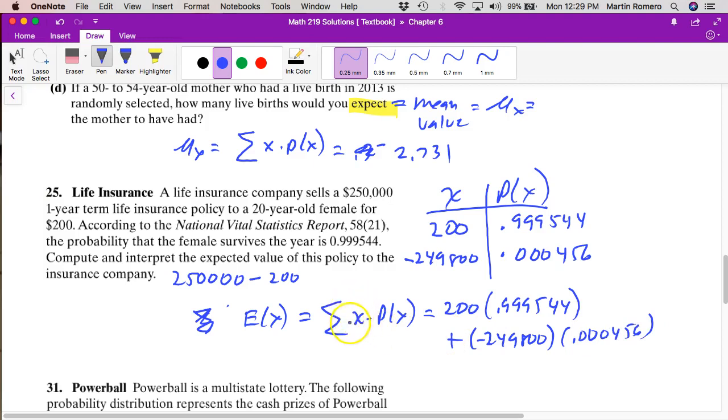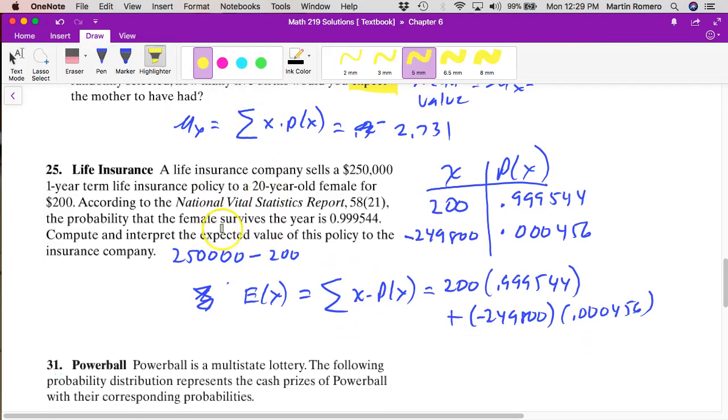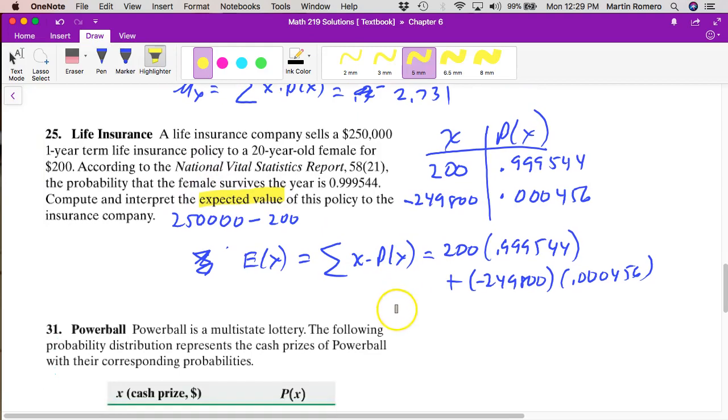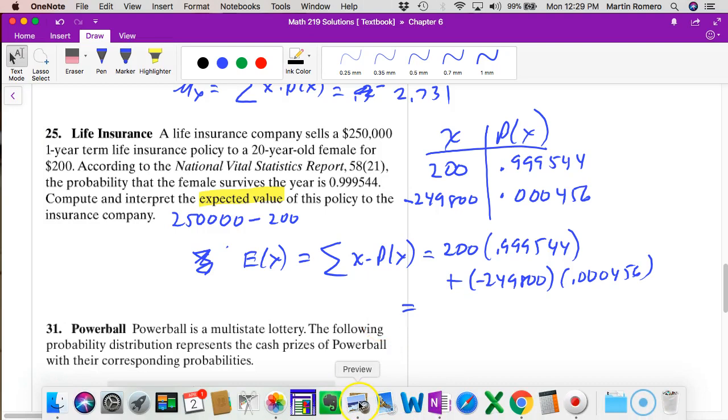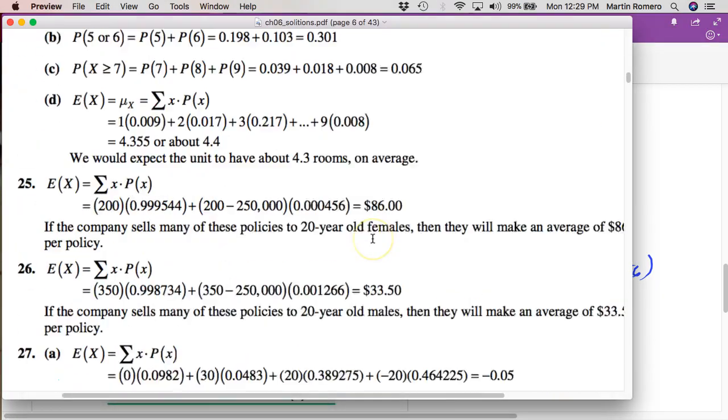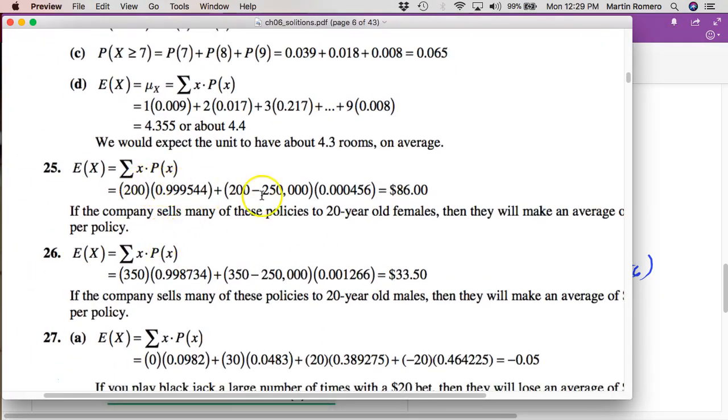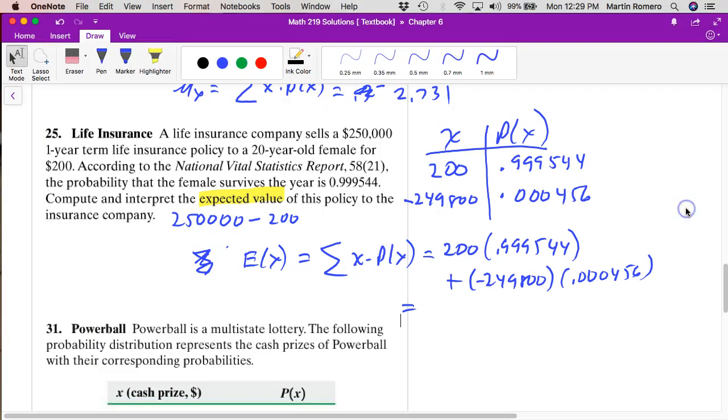The expected value for the insurance company, how much they make on average per policy if they continue to sell this to a lot of people, is, if you do that calculation, and I'll take a look at the answer since I have the solutions out, you can see the mathematics that we did here. You get an answer of $86.